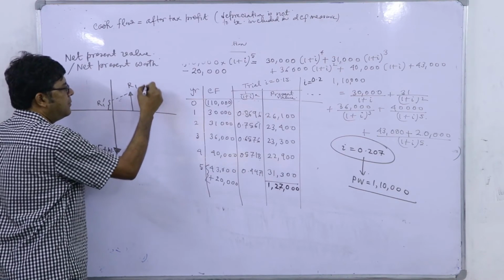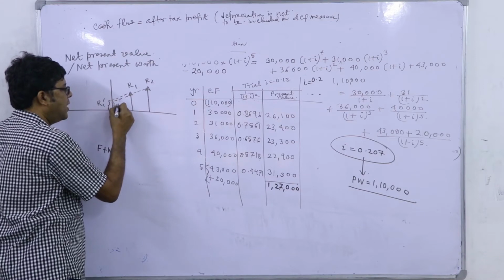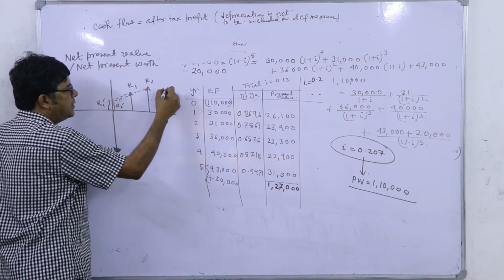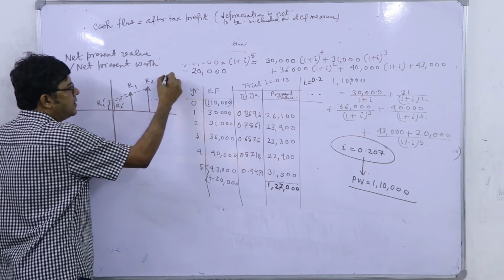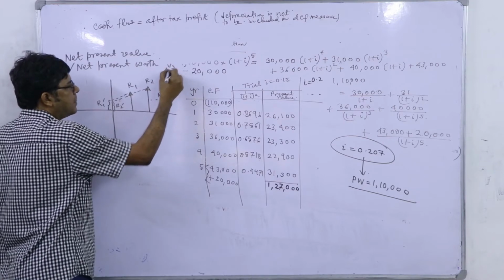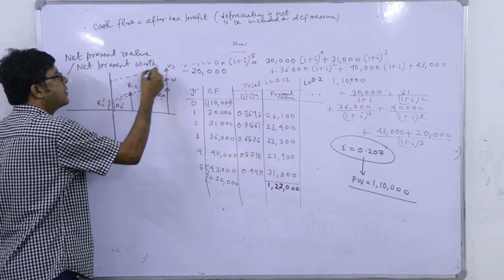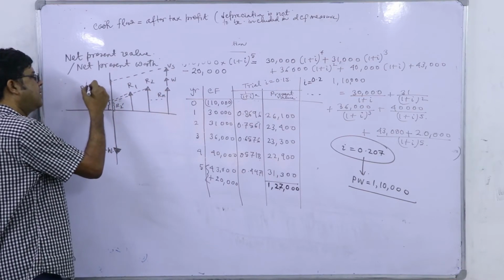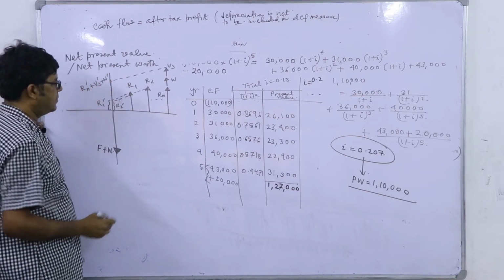Second year you have a profit R2, this reduces to R2 prime, and in this we get the profit Rn plus the working capital plus the salvage value. So, you project it here, this will be Rn prime plus Vs prime plus W prime, right.